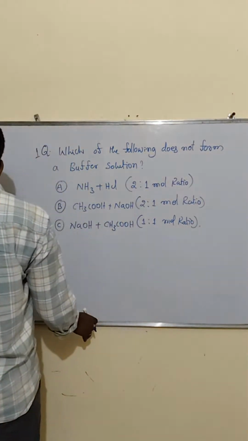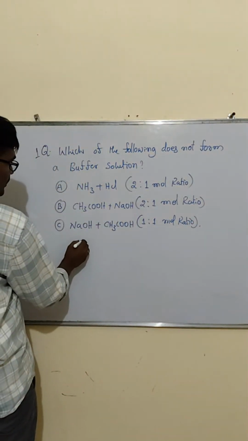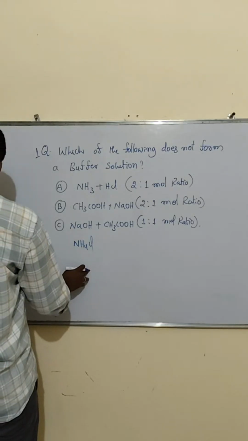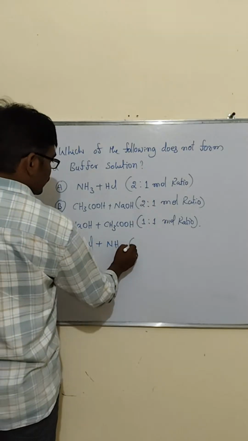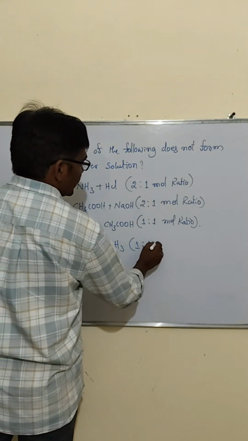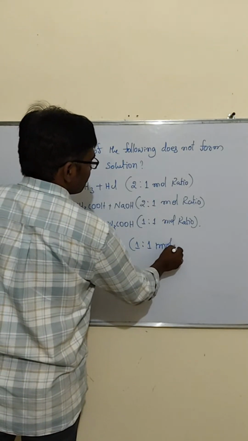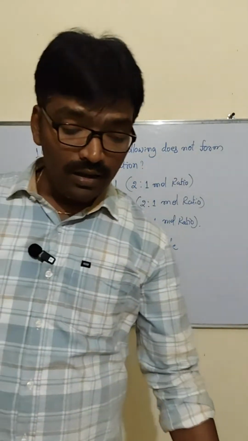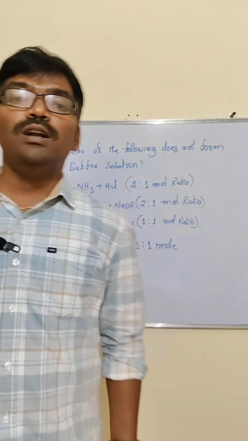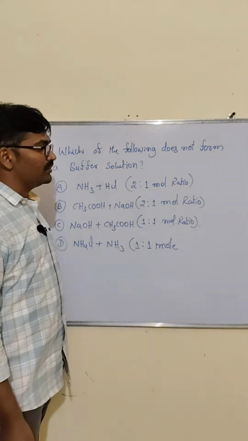Then next, NH4Cl plus NH3 in 1:1 mole ratio. Yes, this is a direct question, but in the options, indirect buffers are there, and direct buffers also are there.